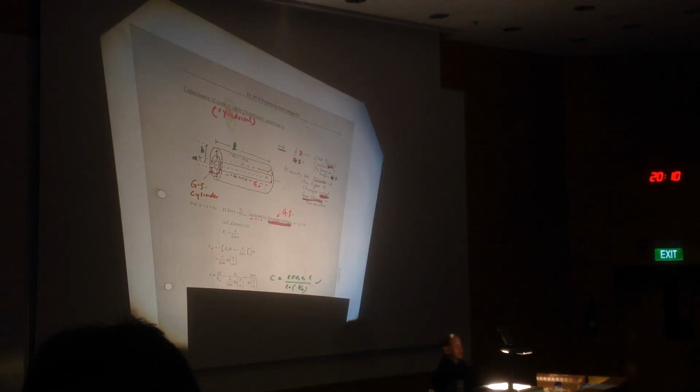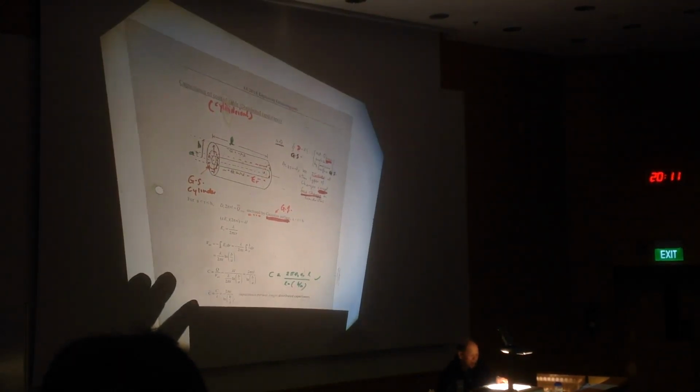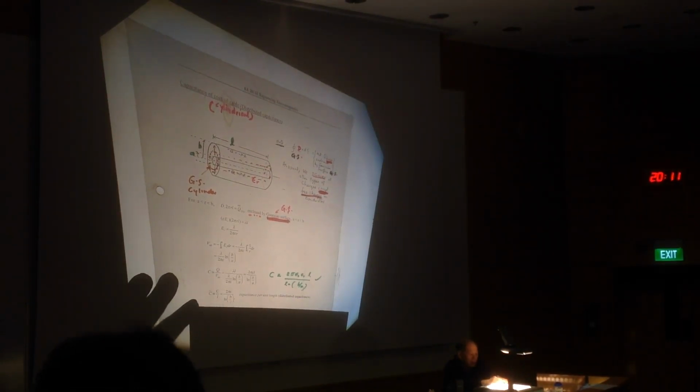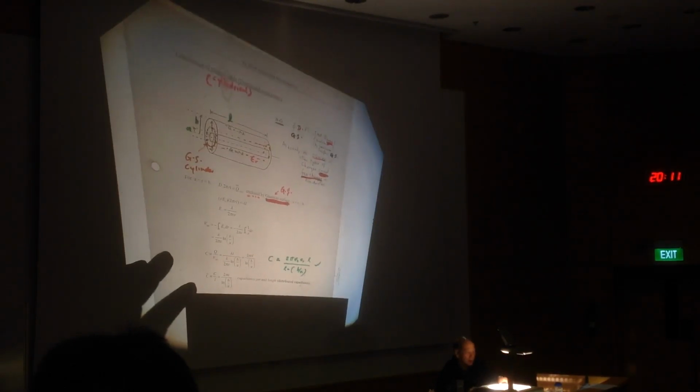I can define the capacitance per unit length, because for a long cylindrical capacitor, it doesn't matter where I take the section. I can define the capacitance per unit length, which I indicate by a small hat on top, 2 pi epsilon over ln of b upon a.